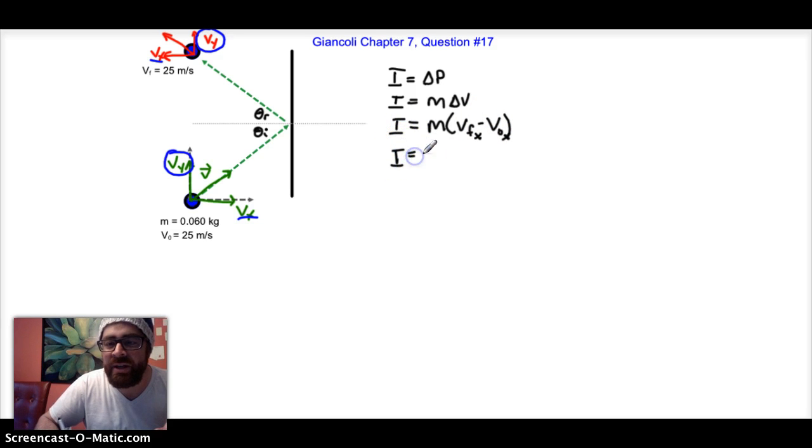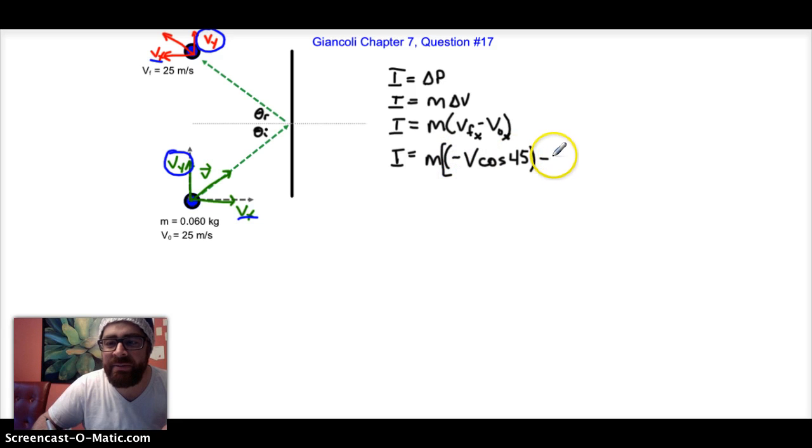The impulse in the x direction is the mass. Now I'm going to resolve this velocity vector into its x component. So the final x velocity is going to be to the left, so it's going to be negative, and it's going to be v times the cosine of the angle 45. V cosine 45. So there's the x component final, and I need to subtract that. Let me put this in another set of brackets.